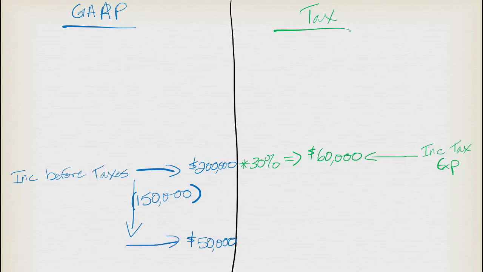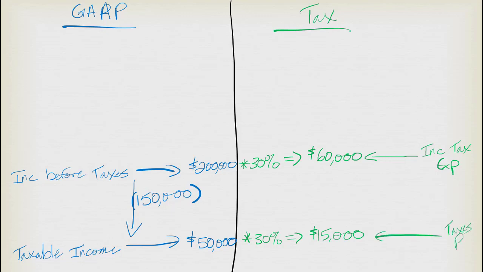And I call this taxable income. Again, my tax rate is 30%. So 30% of 50,000 is 15,000. And this is my taxes payable.